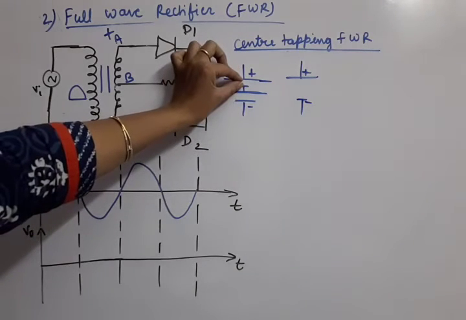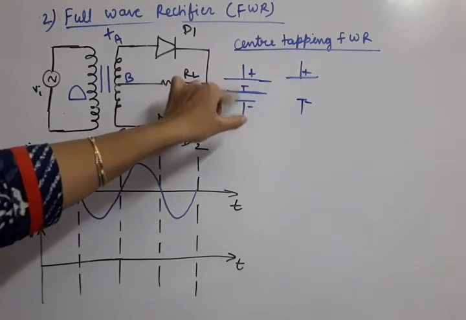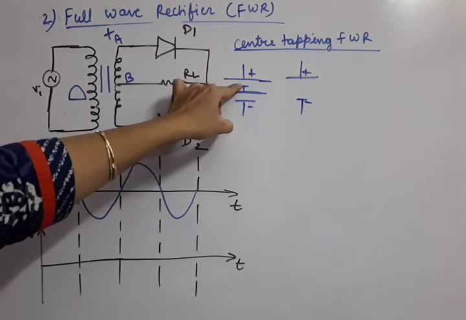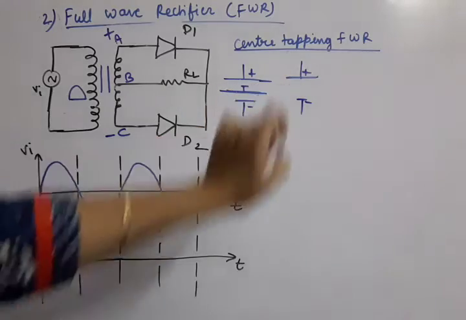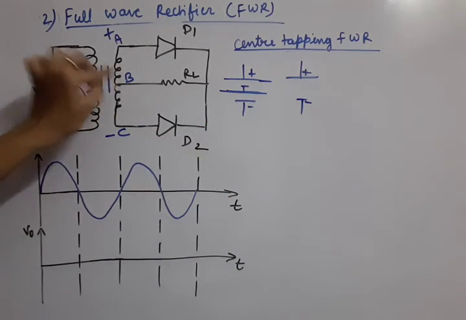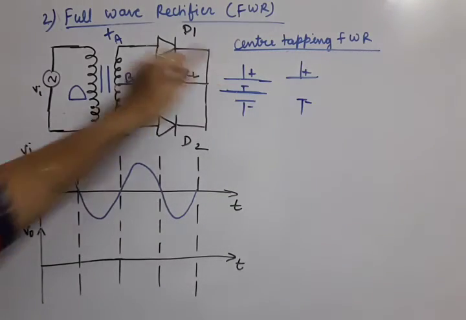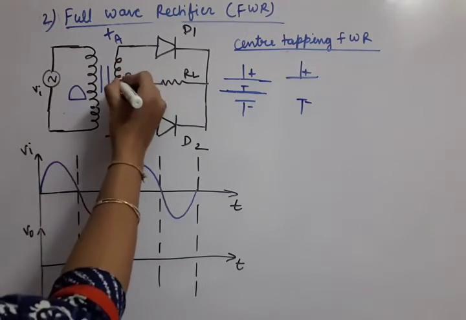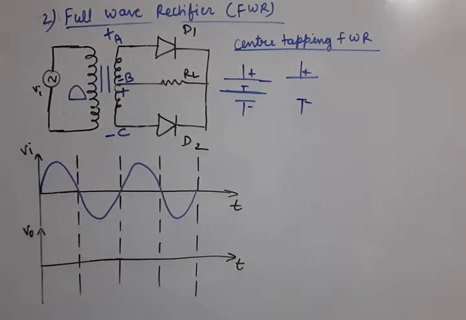Here one battery is connected, here also one battery is connected, so they are connected in this manner. The negative of one end is connected to the positive of another end, then only they are added. So this way, if we divide a battery from the center, plus and minus, the consecutive end will be negative and here the consecutive end will be positive.